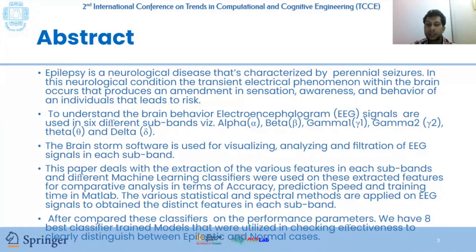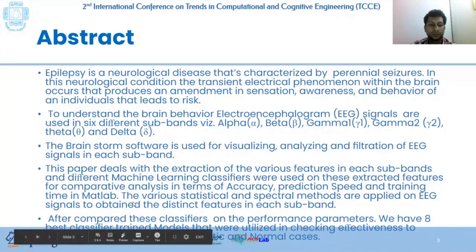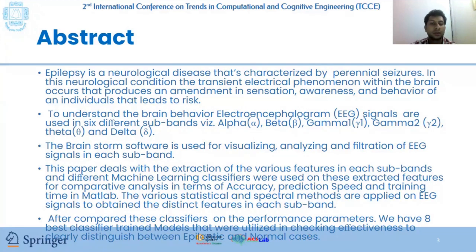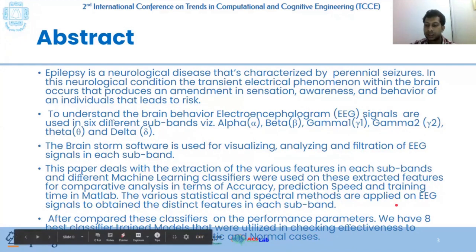Various statistical parameters like mean, mode, median, standard deviation, quartile, etc., have been used along with the spectral method and hazard parameter, which ultimately results in better accuracy of the system. After comparing these classifiers on the performance parameters, we have chosen the 8 best trained classifier models, which were used to check effectiveness in distinguishing between epileptic and normal cases.